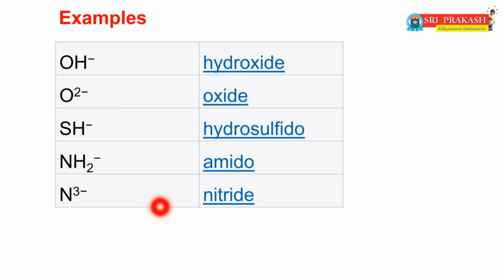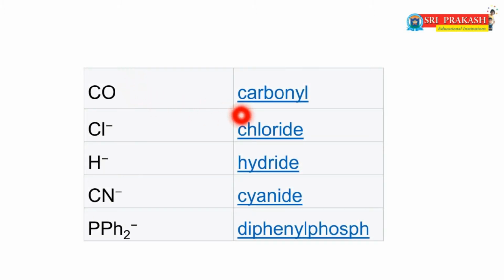N3 minus, azido or nitride. CO, carbonyl. Cl minus, chloride. H minus, hydride. CN minus, cyanide. PPh2 minus, diphenylphosphine. These are the different types of bridged ligands.